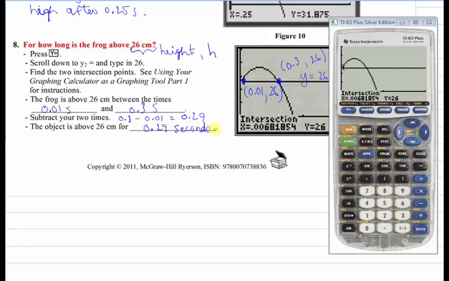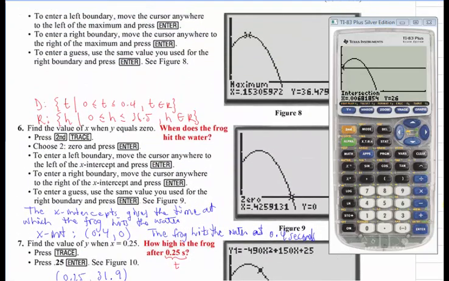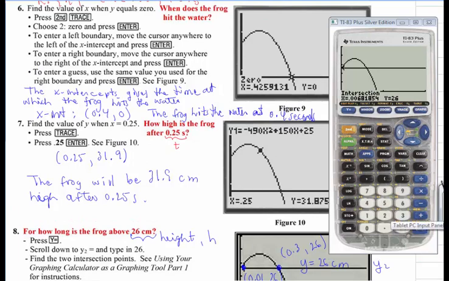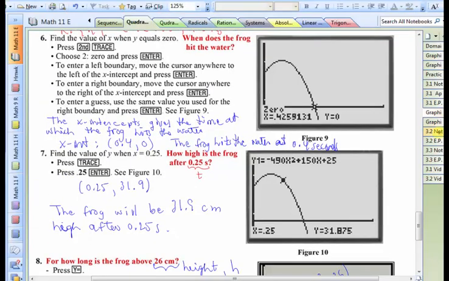Okay, now in your notes you were also asked to do number 7 on this handout algebraically. So we're going to go back to our notes.